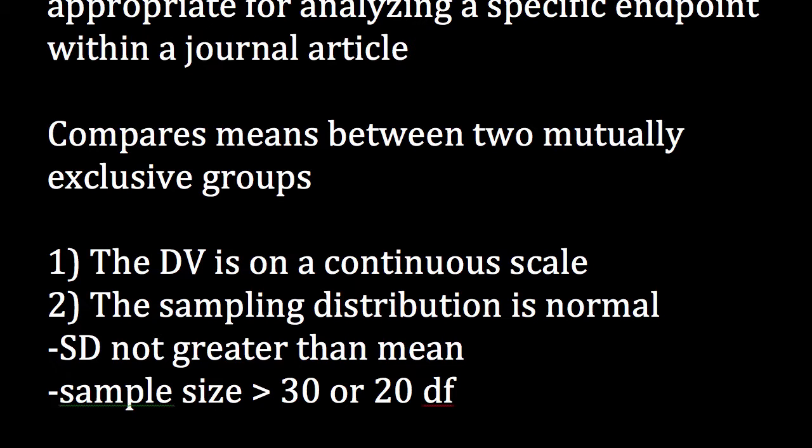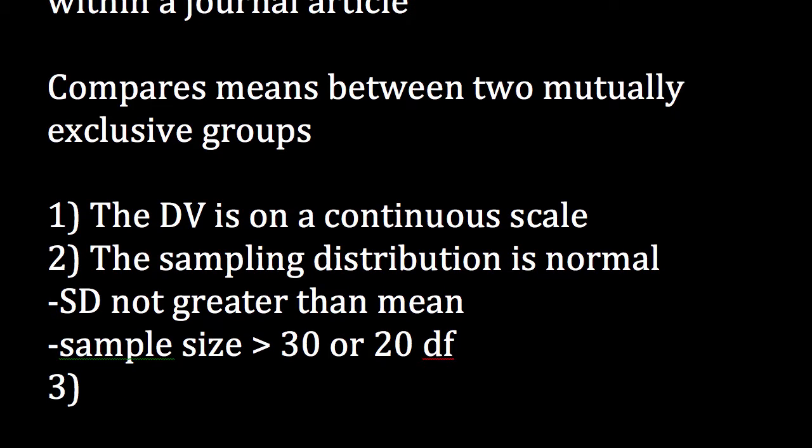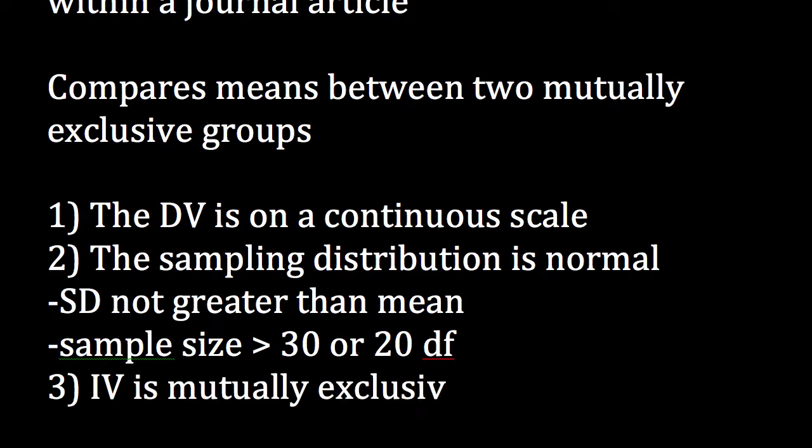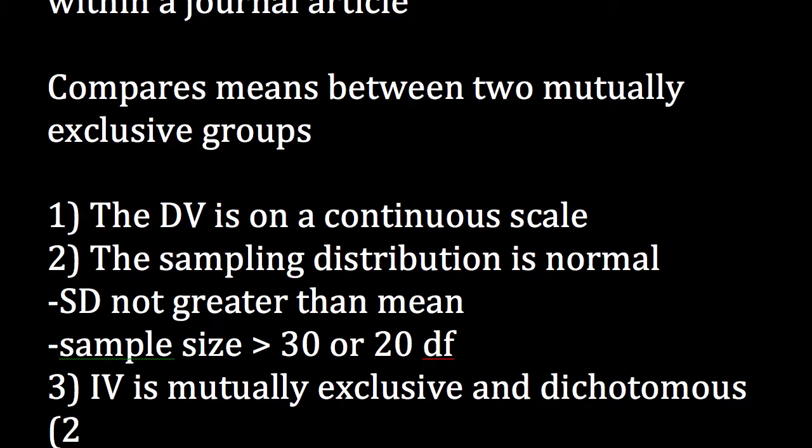The third assumption is that the independent variable is mutually exclusive and dichotomous. And what this means in non-statistical terms is that there's two groups and you can only be in one group or the other.